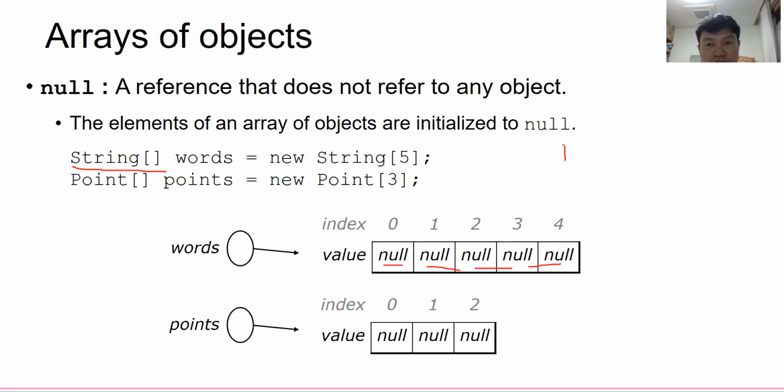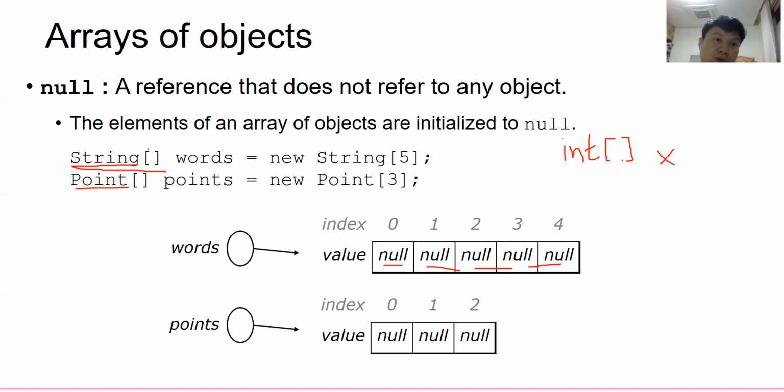If it is an integer array, for example, and you don't assign any value the first time, every value will be 0. But it is different with objects. It is different with string. It is different with Point.